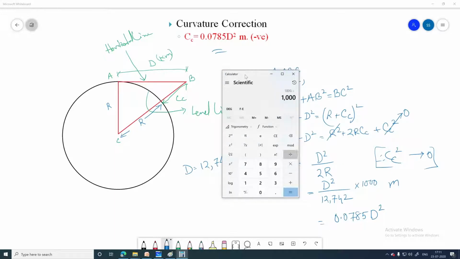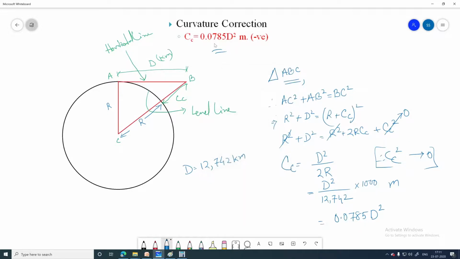Okay, so let's check it. 1000 by 12,742. So here you can see 0.078480. So that nearby value is 0.0785. So 0.0785 D square. Okay, so this is the value of CC, the curvature correction, and CR, that I already told, that is 1/7 of CC.